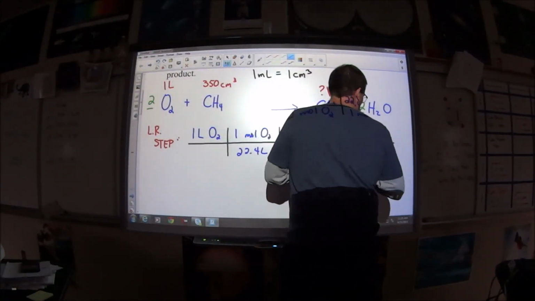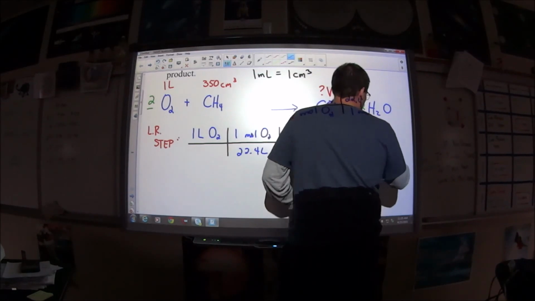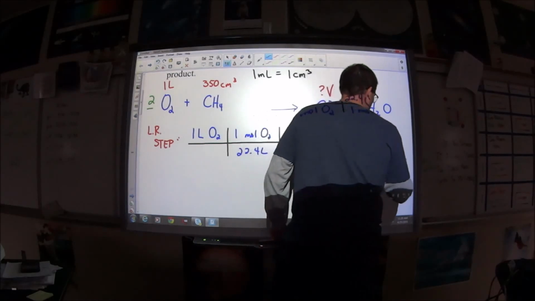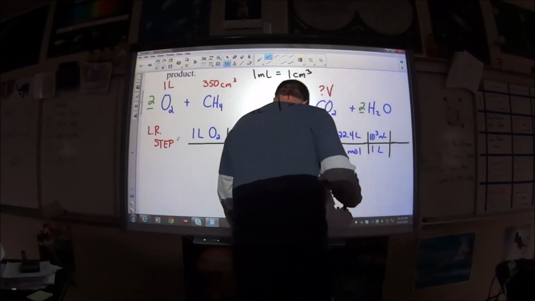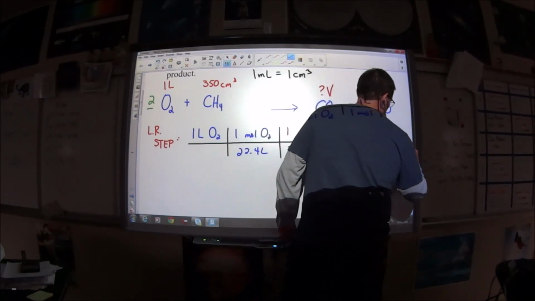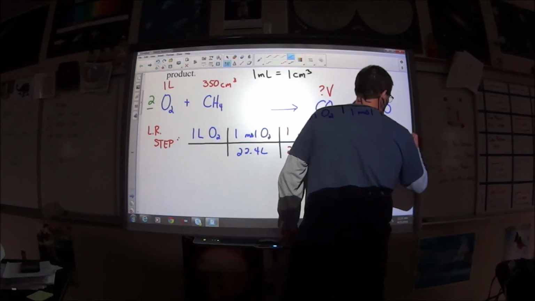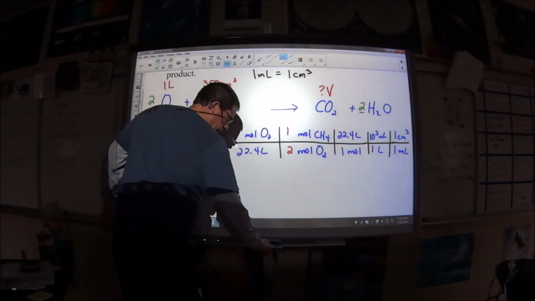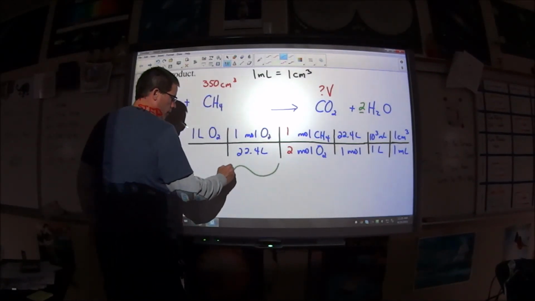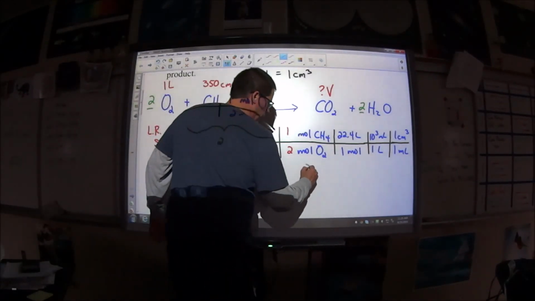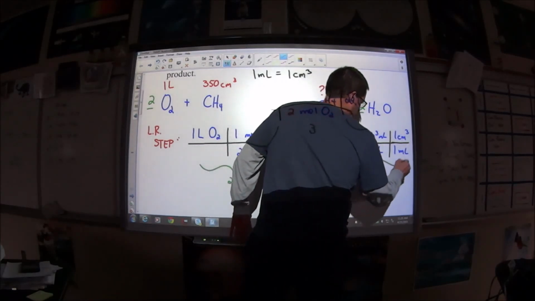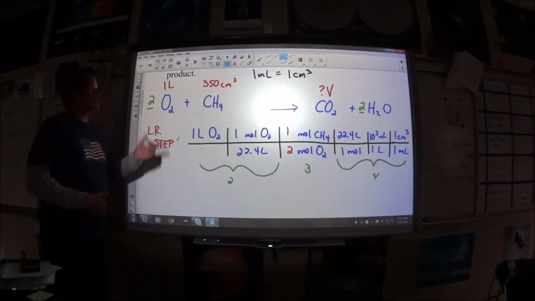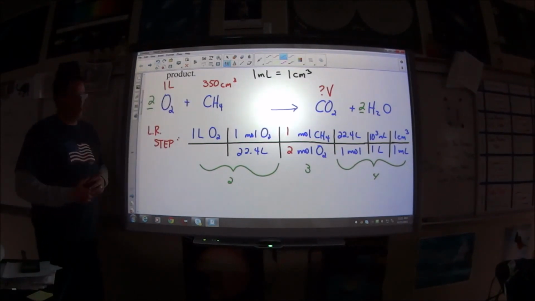There's 1,000 milliliters in every liter. Now here's the biggie: for every 1 milliliter, that equals 1 centimeter cubed. A little bit longer of a process. I'll identify that this is step 2, that's step 3, and all of this is step 4. I'm converting to the desired unit, which in this case is centimeters cubed.